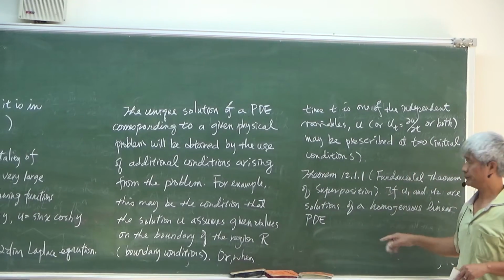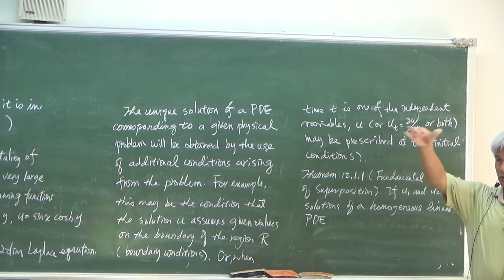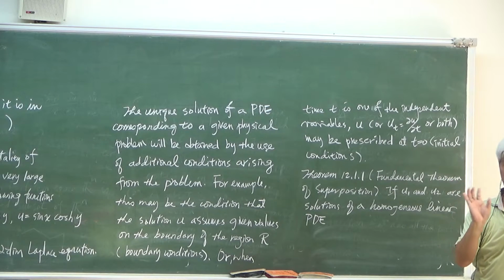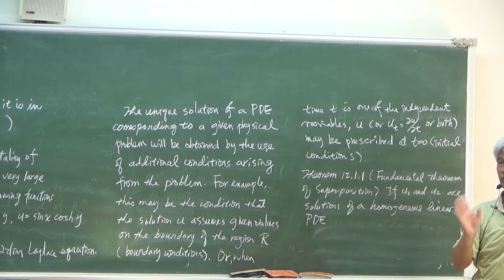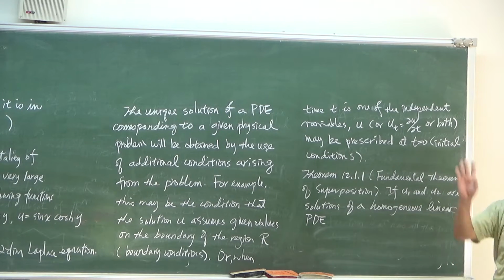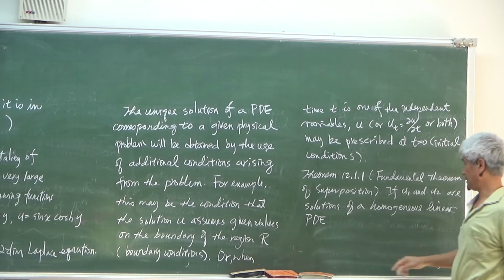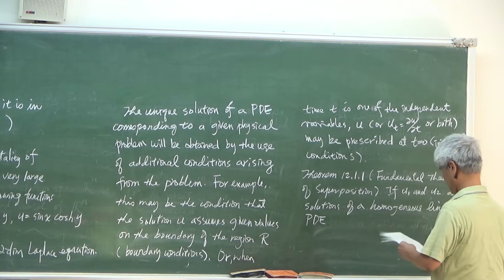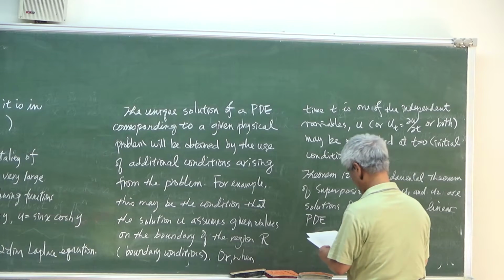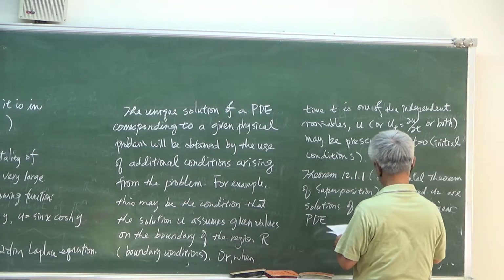Actually, the list of PDEs except the Poisson equation are all homogeneous and linear. Okay, so you can see that they are homogeneous and linear.